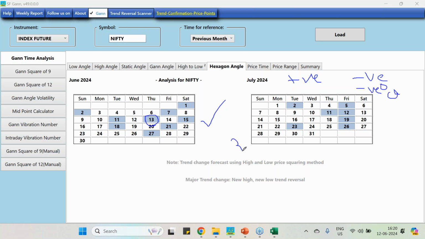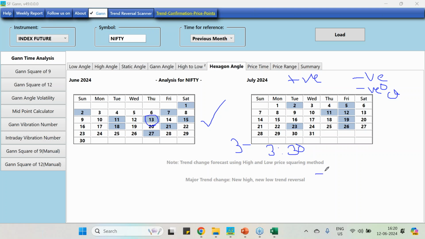Around 3 to 3:30 time, between this time, we will know where the market is closing. Today there was a very big uptick, then consolidation, and a positive closing happened. So on the 12th of June, a positive closing happened.